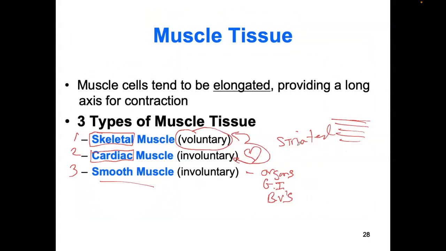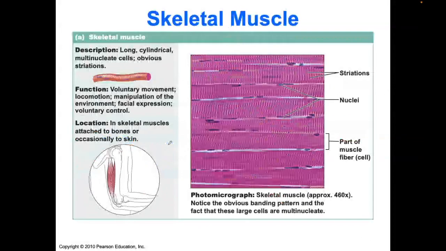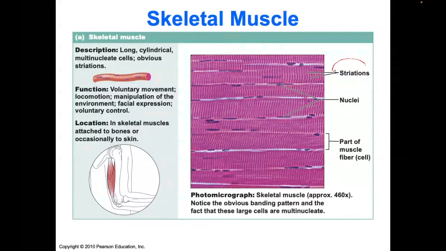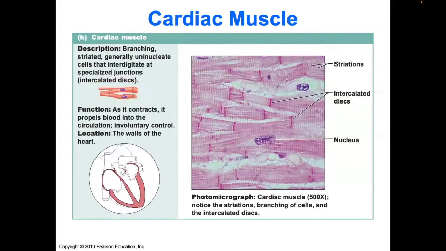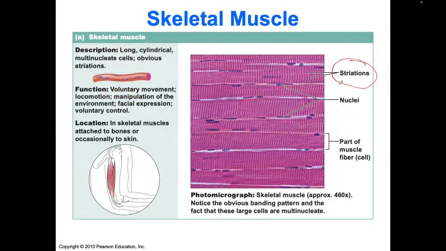Because you don't see these striations here, it's called smooth. So here are the striations with skeletal muscle. Here are the striations of cardiac muscle. So they both have striations.